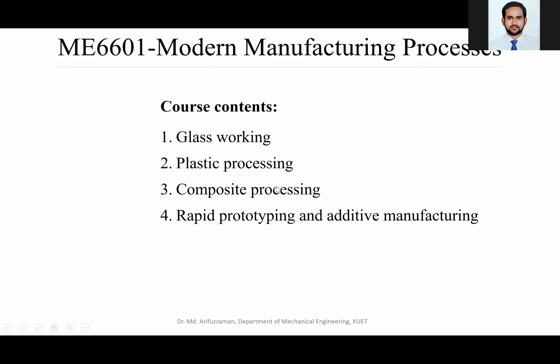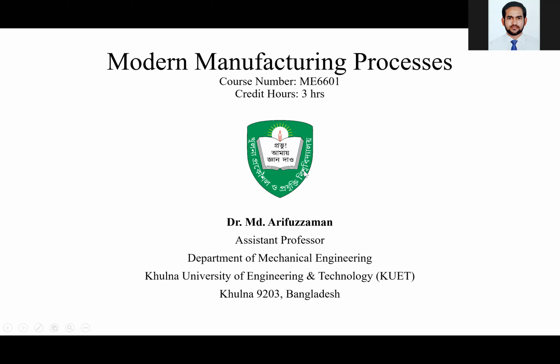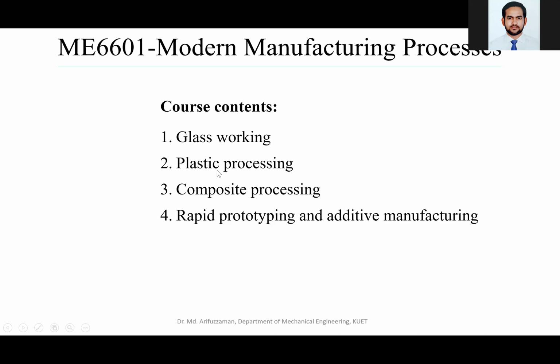That's why I included them in this course in the master's. So in glassworking, we'll study how glasses are manufactured, all other processes involved with it, its ingredients and other things, and what heat treatments are done in the glassworking industries to make the glasses stronger and tougher.